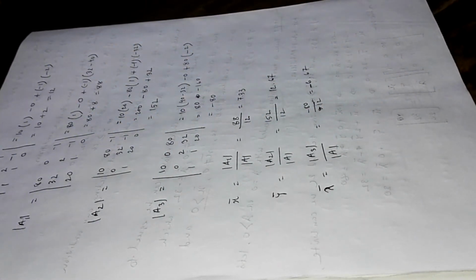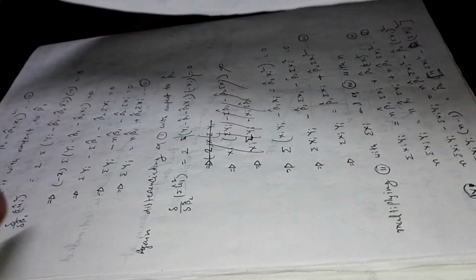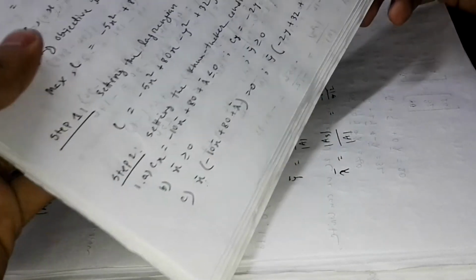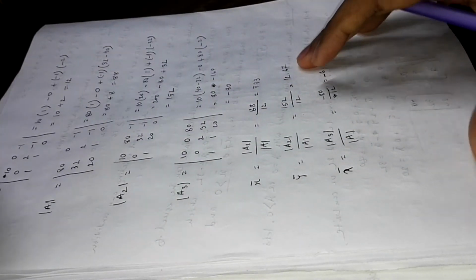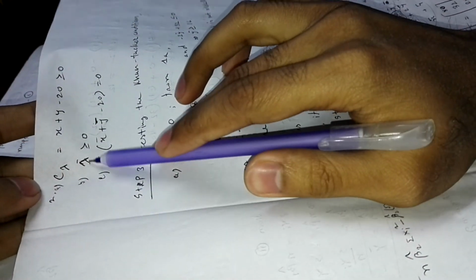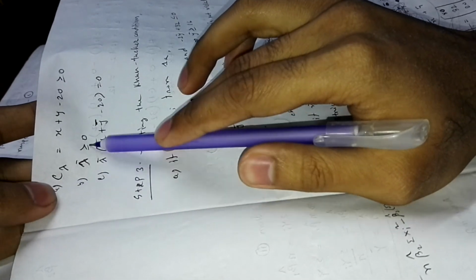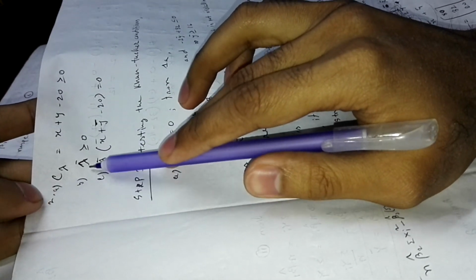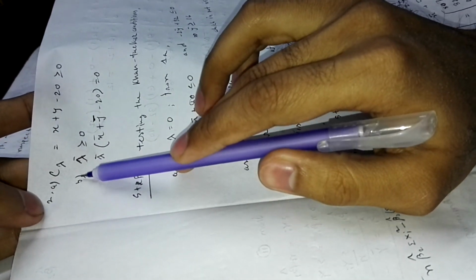So we can see the value of lambda is negative. But according to 2b, we have already seen that there is no possibility that lambda can be negative from the Kuhn-Tucker condition.